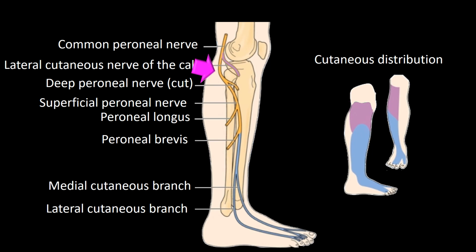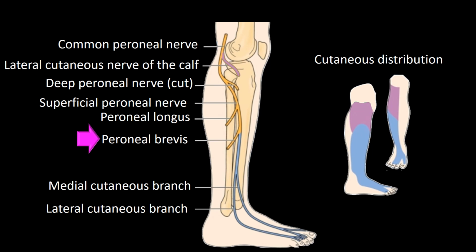Shortly after giving the lateral cutaneous nerve of the calf, the common peroneal nerve divides into the deep peroneal nerve, which we have already mentioned, and the superficial nerve, about which we will say a few words in a few minutes. We can see in this illustration that the superficial peroneal nerve innervates two muscles, the peroneus longus and the peroneus brevis.